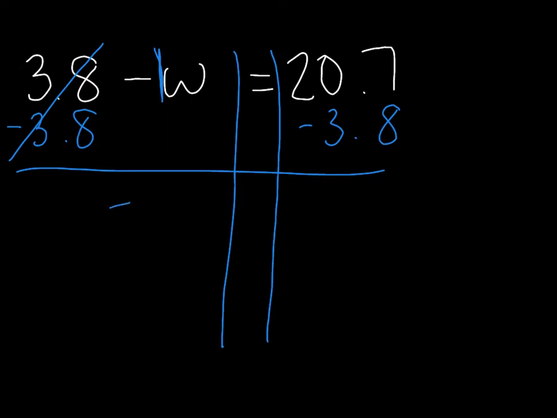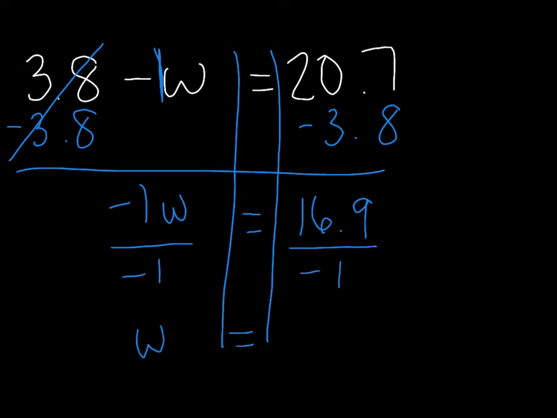Now be very careful, this is a negative 1w left. And then I have 20.7 minus 3.8, which is 16.9. So now I have negative 1 times w, so I'm going to divide by negative 1. w equals negative 16.9.